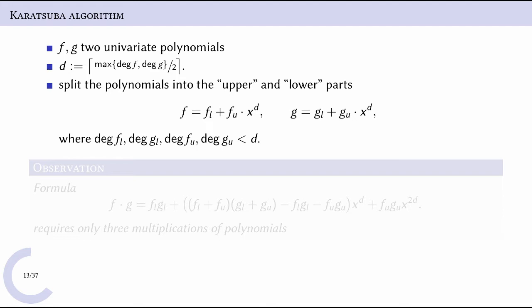The idea of the Karatsuba algorithm is to recursively split a polynomial in halves, into lower and upper halves. Let me show how it works. Suppose we have this polynomial f, and we write it as a lower part plus the upper part times x to some power d.